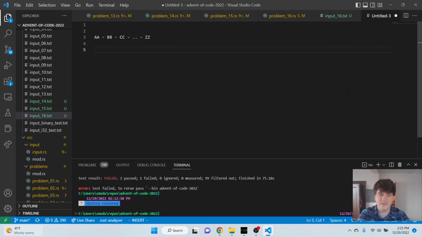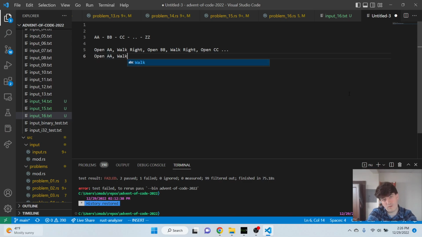So paths that we could take are things like open AA, walk AA to BB, walk right, open BB, walk right, open CC, etc. We also have open AA, walk right, open B, open CC.